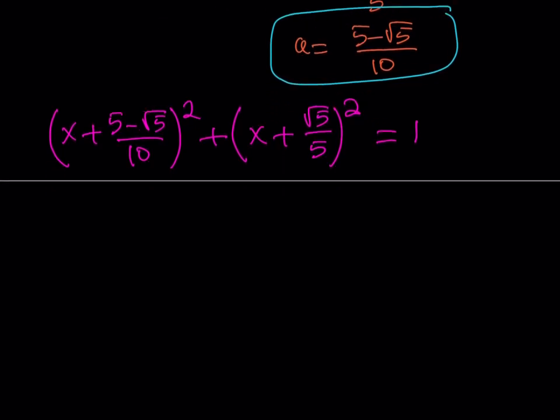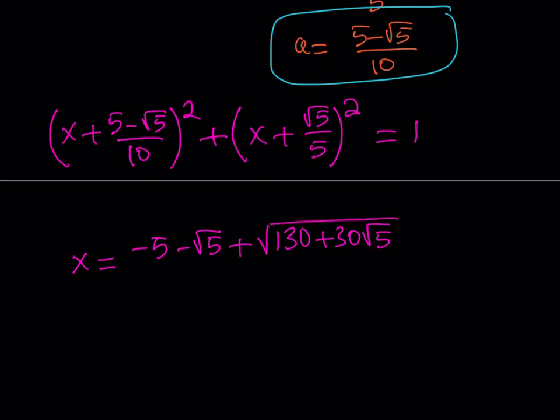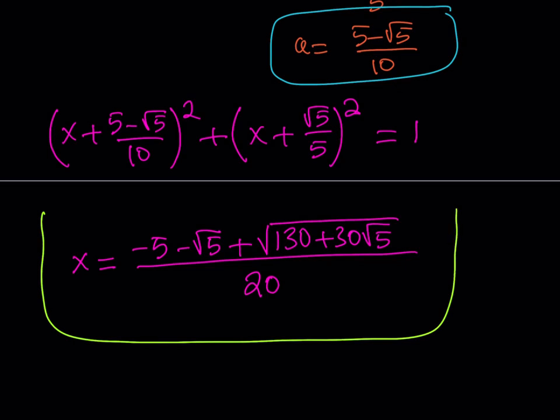So x from this equation is going to look like, and you're going to be kind of surprised with this result because it doesn't look very simple. It's going to be negative 5 minus square root of 5 plus the square root of 130 plus 30 root 5, all over 20. Okay, so that's going to be my x value for this equation. And that's it, that's the side length for the square.